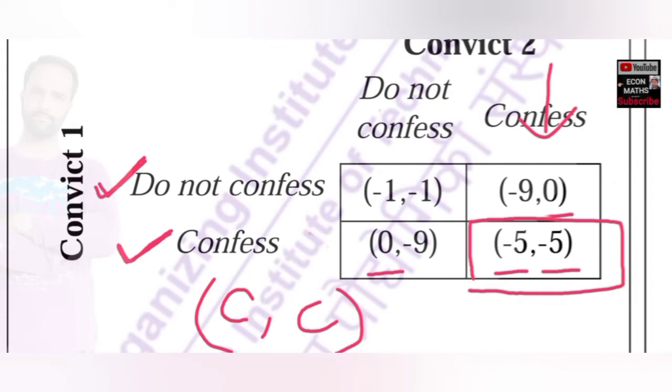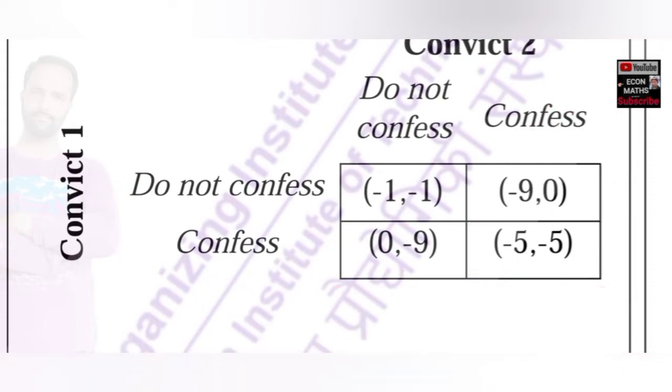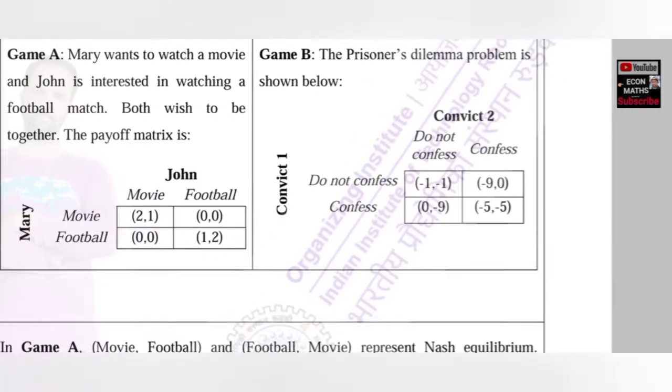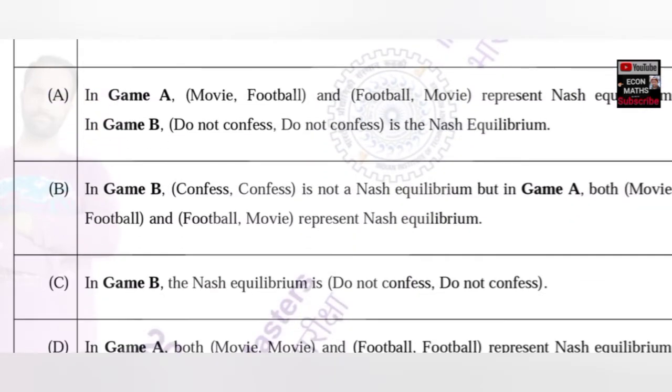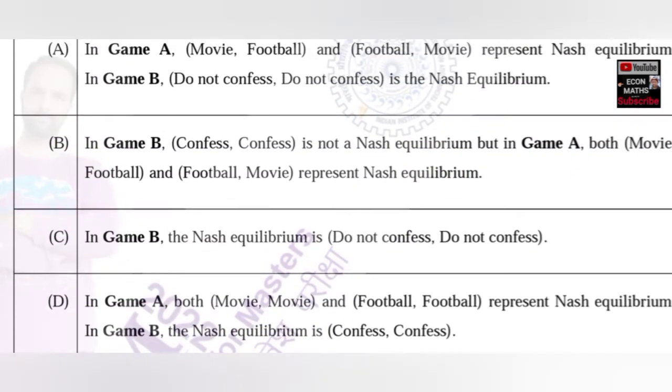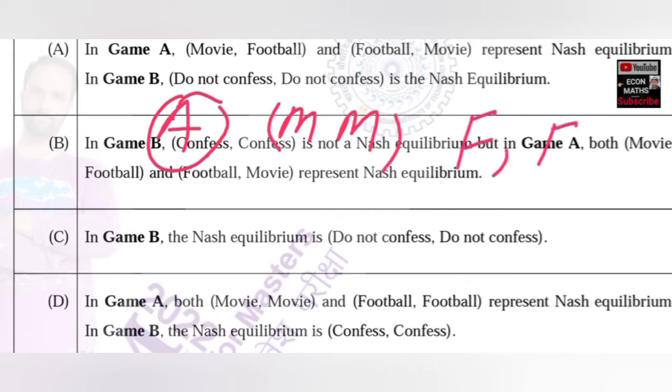Okay, so what are the statements being given to us? Let us try to see. So these are the statements, and for the first game, game A, we got movie and football as Nash equilibrium, and for game B we got confess and confess as Nash equilibrium.